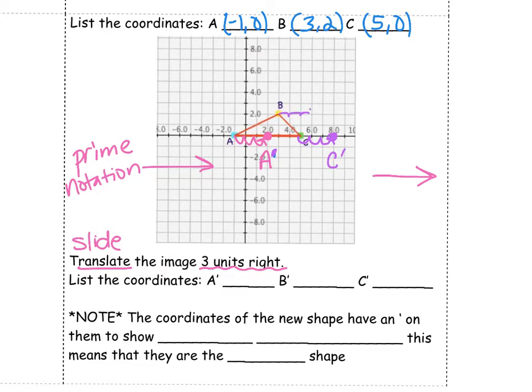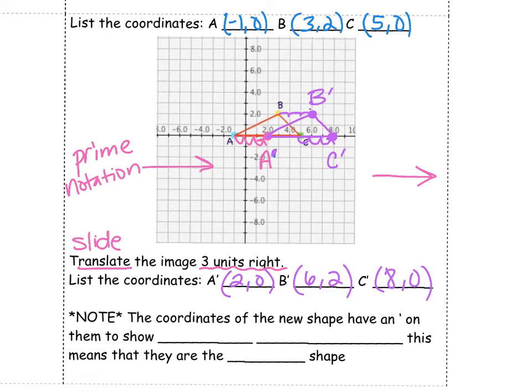And B has to move 3 to the right, so this is my new B, which we'll call B prime. And then we go ahead and connect my shape. So the new points of my purple triangle, A prime is at 2, 0. B prime is at 6, 2. And C prime is at 8, 0.